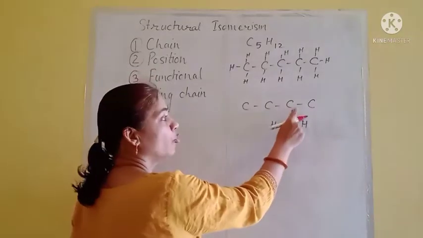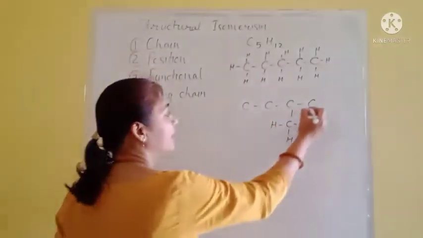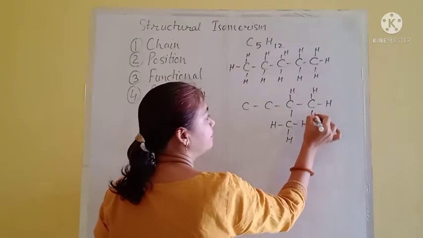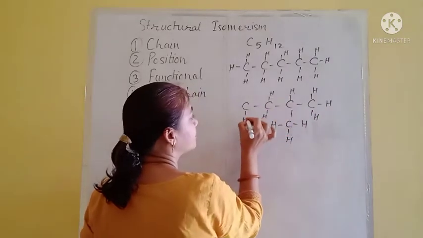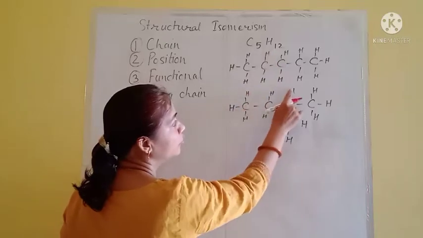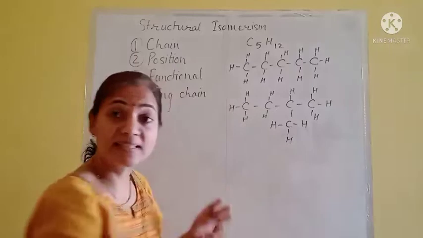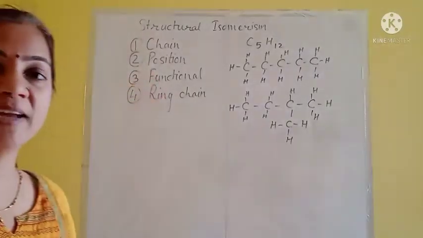So it will be 2-methyl butane. All other valencies you satisfy with hydrogen. Let us count 1, 2, 3, 4, 5, 6, 7, 8, 9, 10, 11, 12. So yes, this is also having a molecular formula of C5H12.